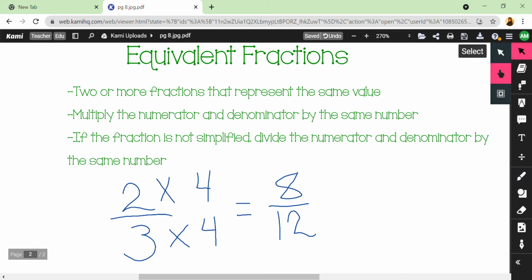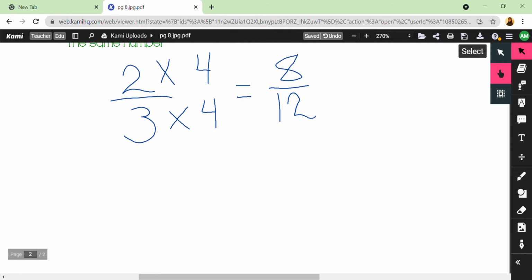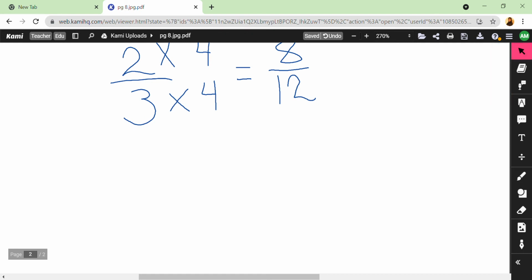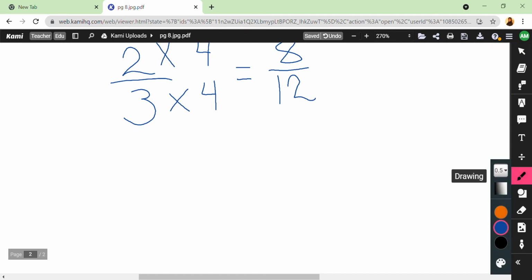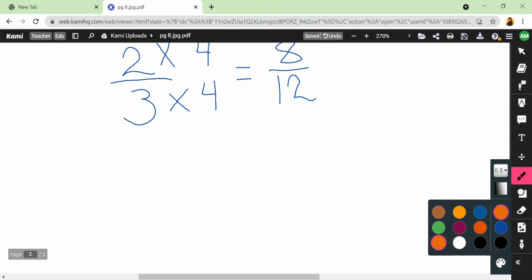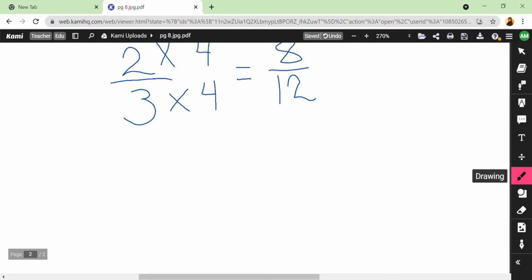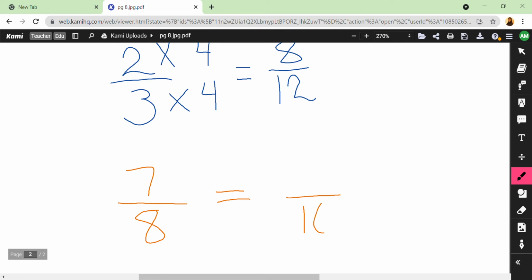Now, sometimes you may get a problem where they've already given you the new denominator. We can try an example like that now. So, for example, you could have 7/8 is equivalent to blank 16ths.